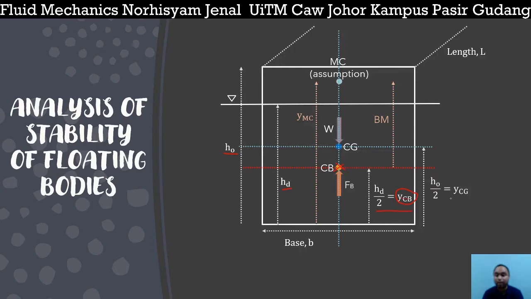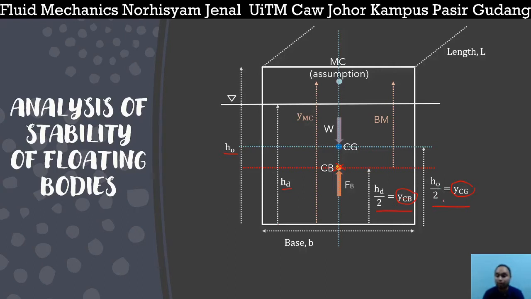And the last one is YCG, which is the location of your center of gravity, and this is supposed to be at the centroid of the body. So this is the intersection between the vertical line and the horizontal line, which is half of HO. So because of that, the equation is H object divided by 2.